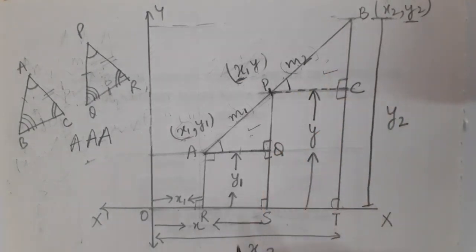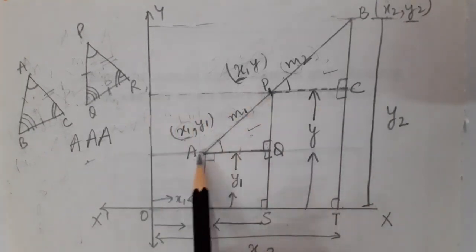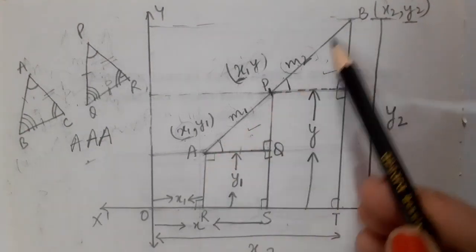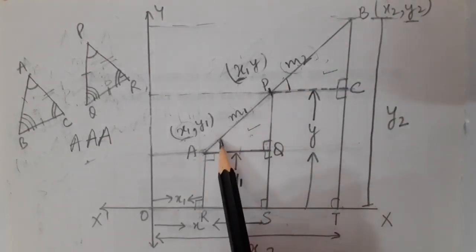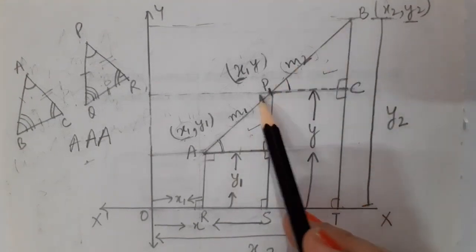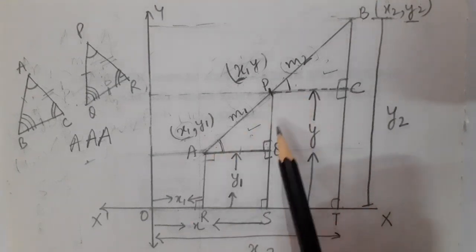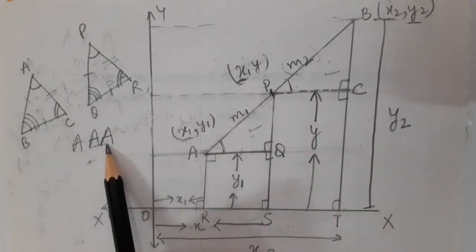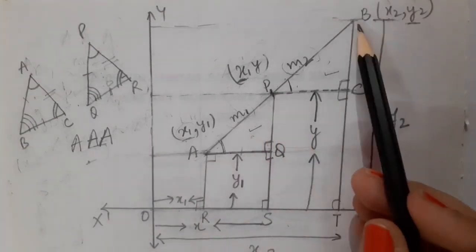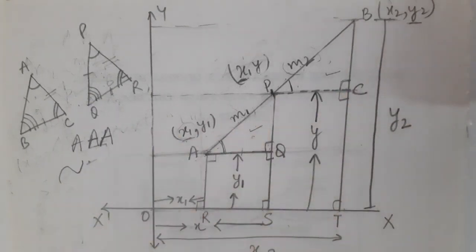Fine. Now let us prove the next one. As I told you, children, this PC is parallel to this AQ. Okay. So you can say that AB will act as a transversal. So can I say that angle PAQ is equal to angle BPC? Why? Because they both are corresponding. Correct? So using the double A criteria, we can say that triangle PQA is similar to triangle BCP, and this is the symbol for similarity.